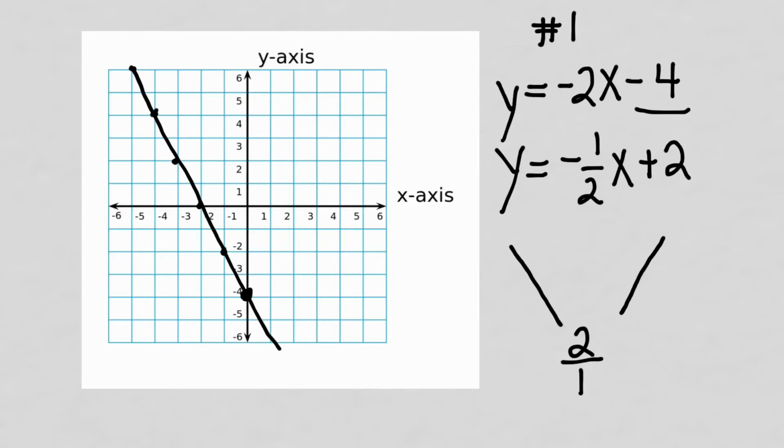There's my first line. The second one, y equals negative 1/2 x plus 2, the y-intercept is 2. That means the y-intercept is right there. Again, I know it's going to be a negative slope, and I know it's a rise of 1, a run of 2.